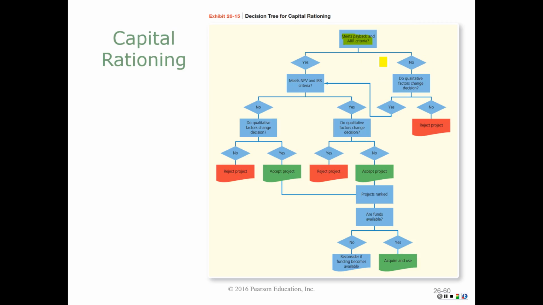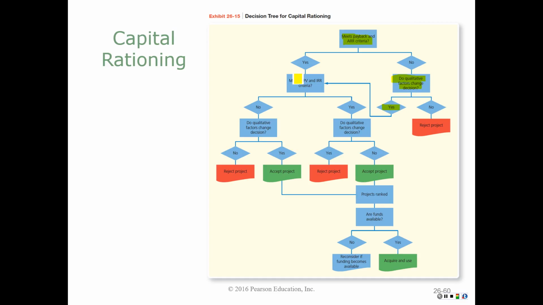Not necessarily, okay, but we want to go back and look at the qualitative. Are there some qualitative factors that we haven't considered that might be important? If they are, and for some reason, even though it didn't meet our payback or accounting rate of return, because there are qualitative factors, we can move it back into the mix.